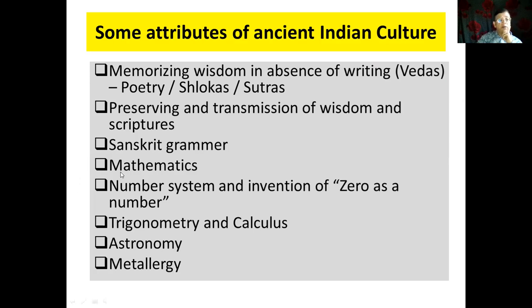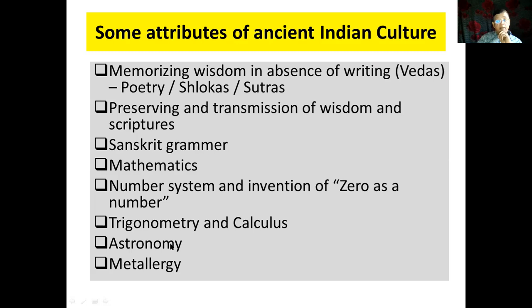There was a very strong tradition of mathematics in India, and we'll refer to that tradition again. The number system and invention of zero as a number was made in India. The trigonometry and calculus elements are there in Indian mathematicians' thinking and their writing. A lot of knowledge of astronomy.